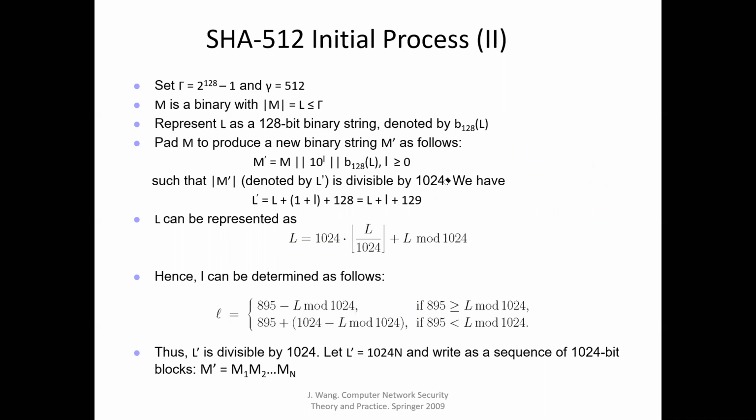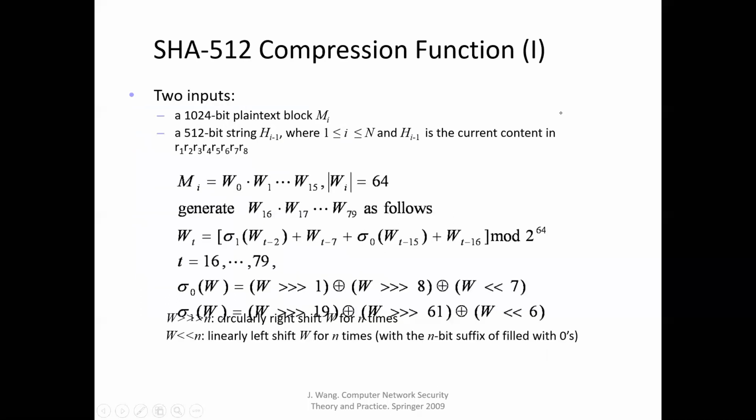Let's see how this compression function is done. Okay, so now we are doing the compression function. So each block size is 1024 bits, and Hi minus 1 is 512 bits long.